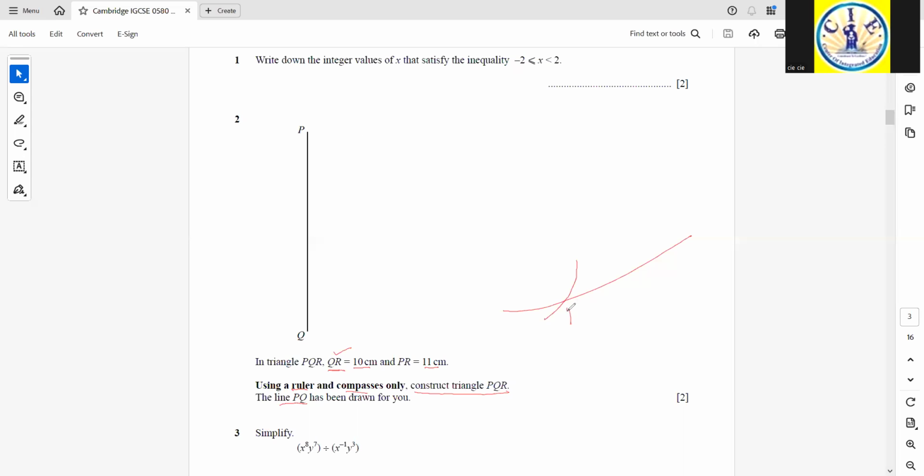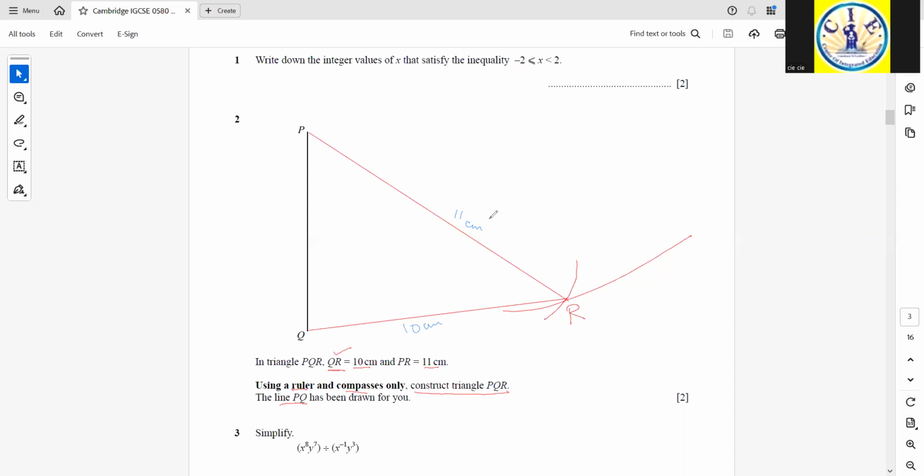So this is our point R. So now we need to join them together. We need to join Q to this point of intersection of the arcs, and then point P to the point of intersection of these two arcs. So that would give us a triangle with this side to be 10 centimeters and this side PR to be equal to 11 centimeters.